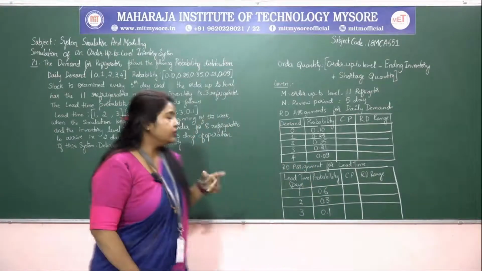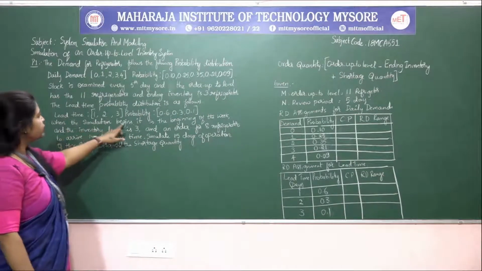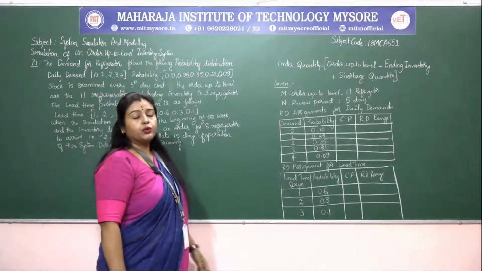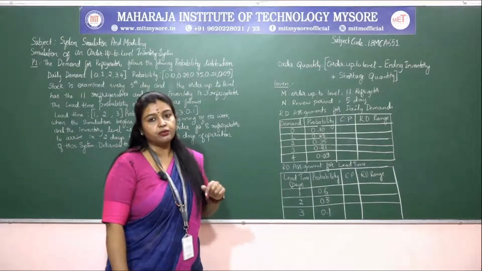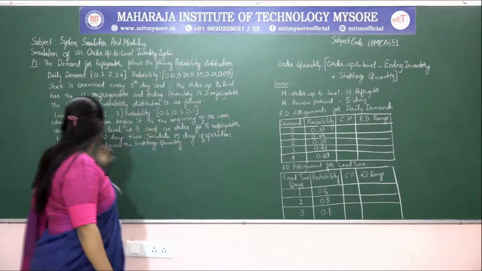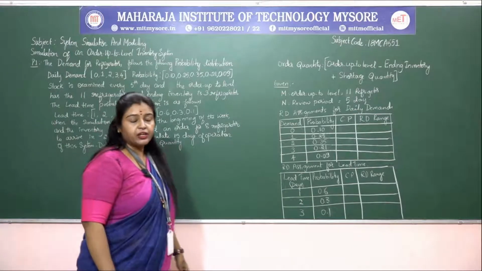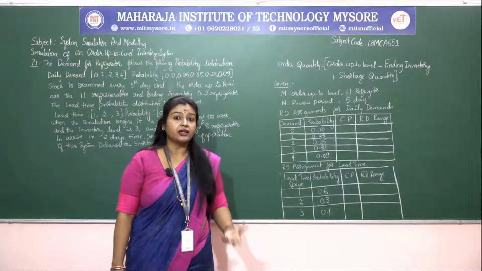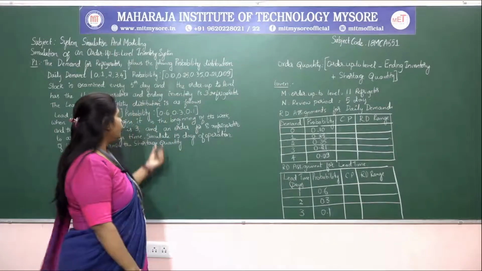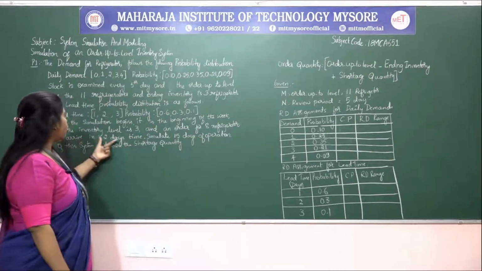Here we are going to simulate it. When the simulation begins, it is the beginning of the week. Whenever we do the simulation, remember that we need to start with the first day of the week, and the inventory level is 3. On that day when the simulation starts, in hand they have 3 refrigerators, and also an order for 8 refrigerators with a lead time of 2 days.